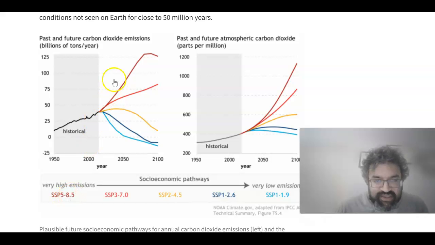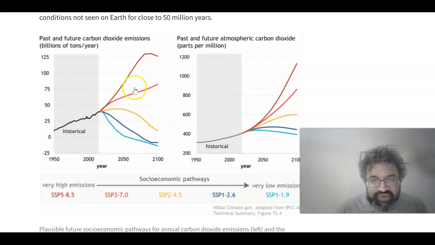The SSP 5 is for socioeconomic status. The idea here is that depending on the socioeconomic status, there's going to be very high emissions when there's low socioeconomic status. But then the high socioeconomic status actually went down. Very low emissions for them. And also 4.5, kind of middle, is fine too.